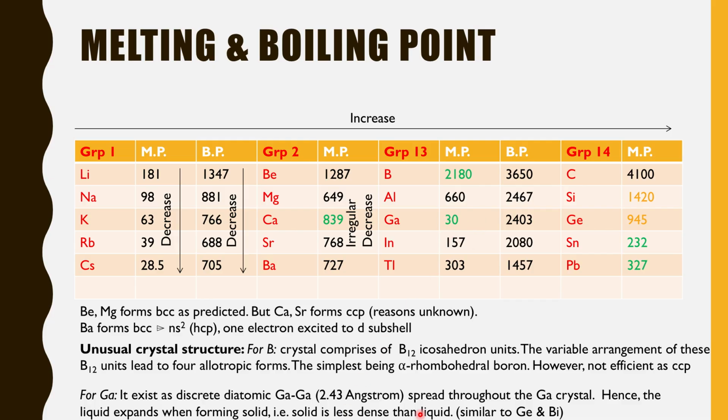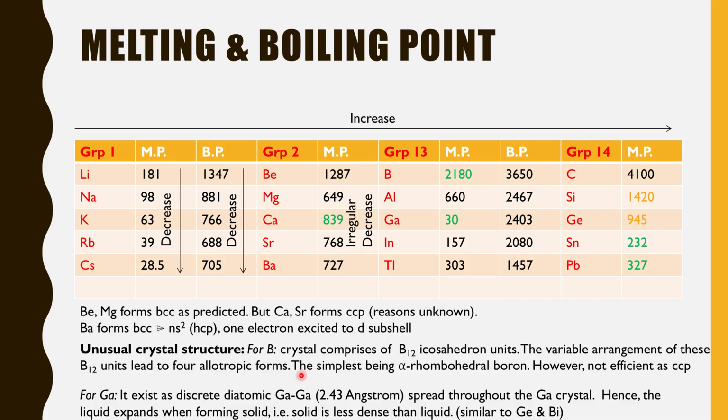So that is why, in the case of gallium, the liquid expands when it forms a solid. So the solid is less dense than the liquid, because here, as I told you, the density is less because the gallium atoms are far away from each other. Only two gallium atoms have an internuclear separation of 2.43, but the rest of the gallium atoms have a higher internuclear separation.